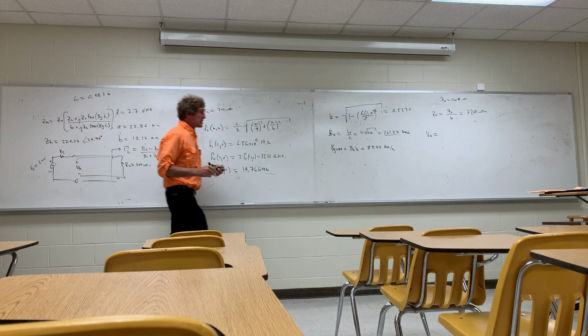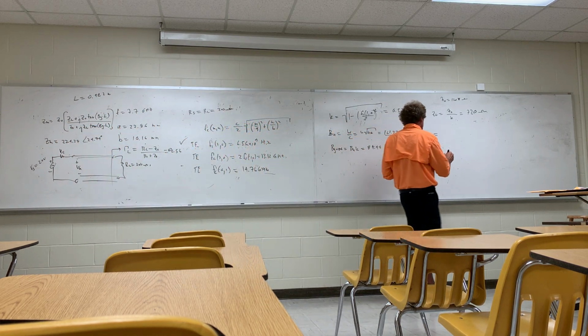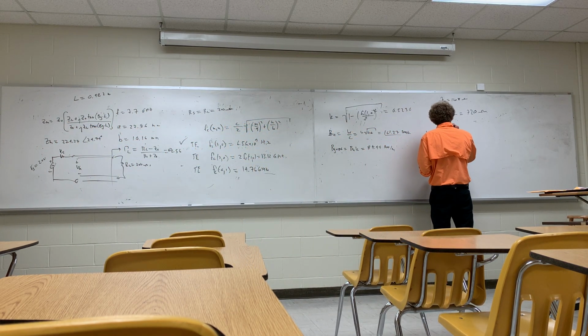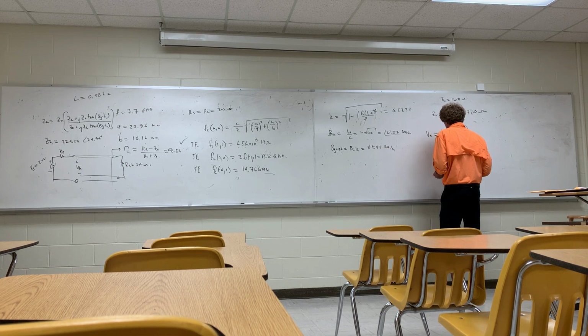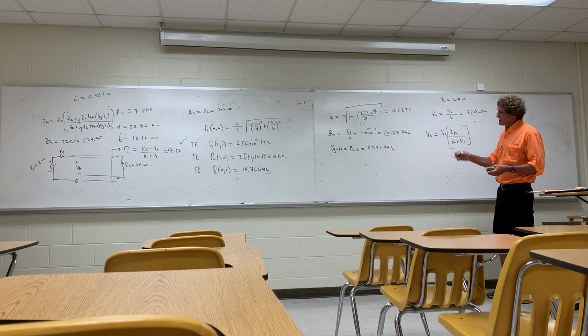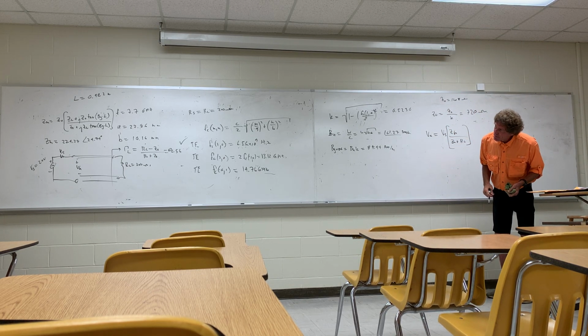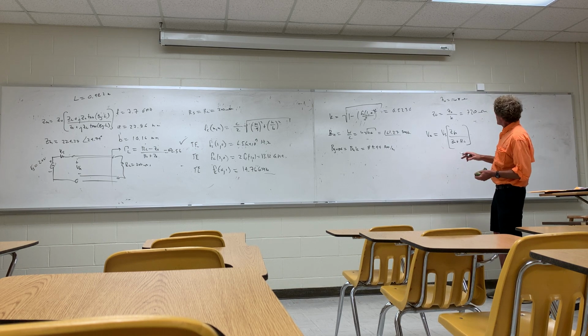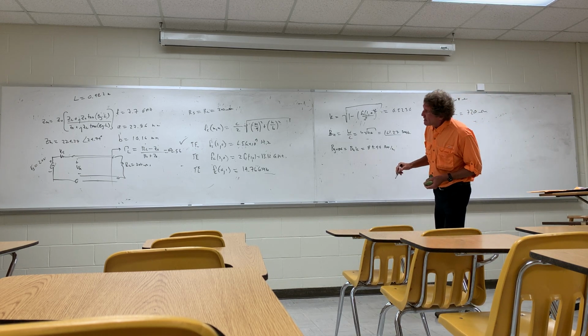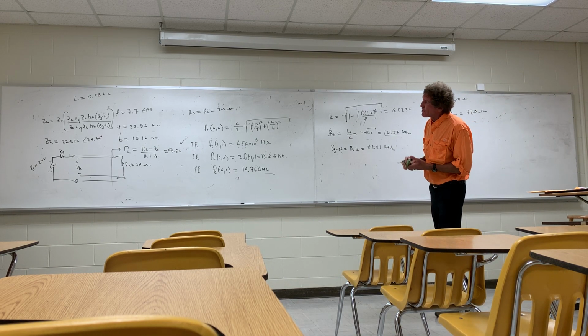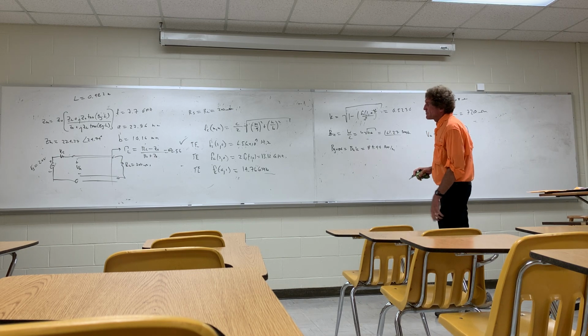And that is simply going to be equal to Vs times Zn over Zn plus R source. So Vs is 20, and Zn is given above the figure, 224 at about 24.7 degrees.